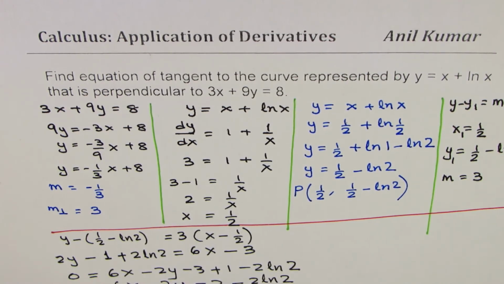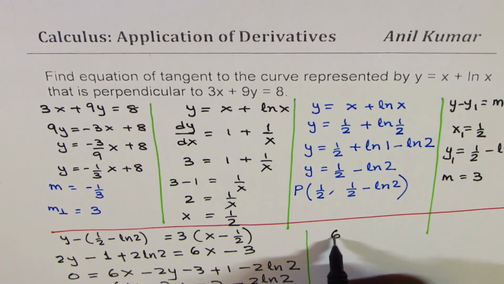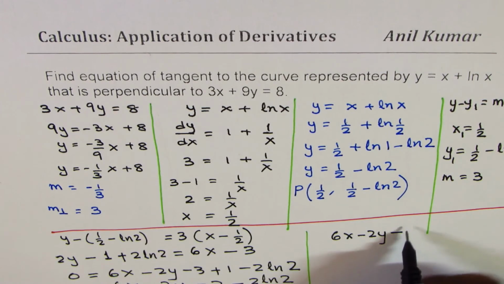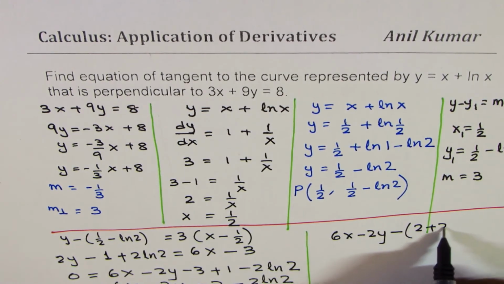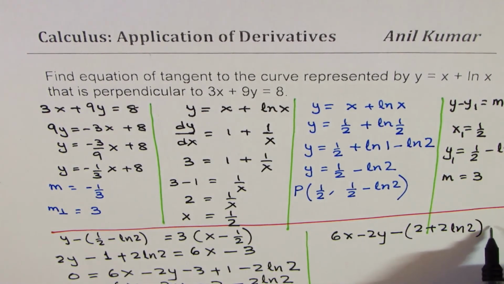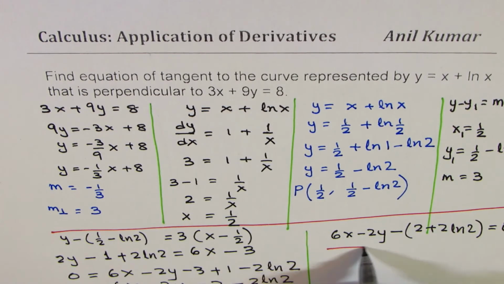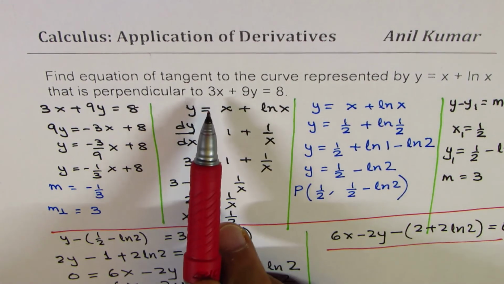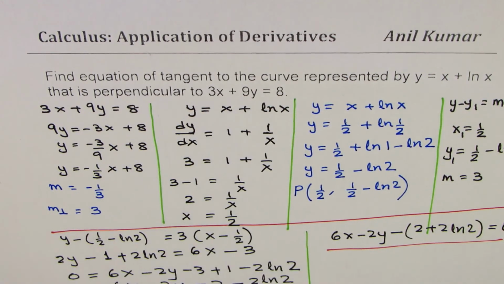Is it okay? So that becomes the equation of the line. So let me rewrite this equation as 6x - 2y - (2 + 2 ln 2) = 0. So that becomes the equation which is tangent to the given curve and is perpendicular to the given line.